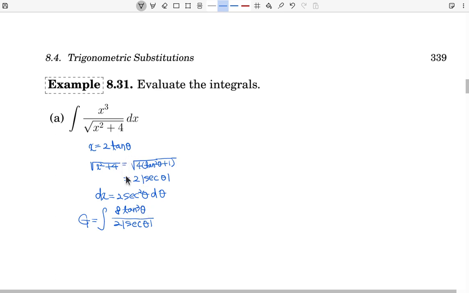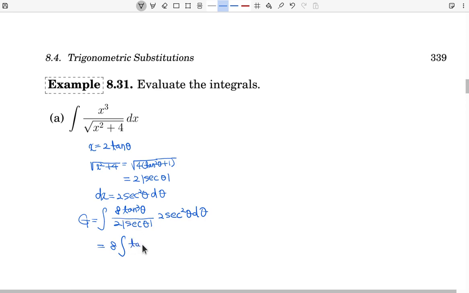And then we have dx, that is 2 sec squared theta d theta. Now we can cancel one of them. The 2 cancels and 8 can go out, so that is 8 times the integral.